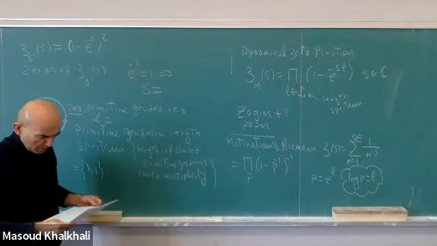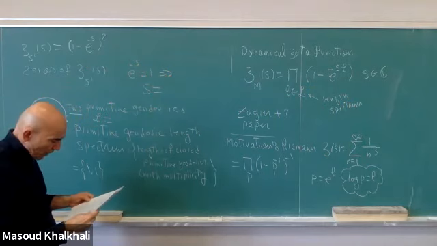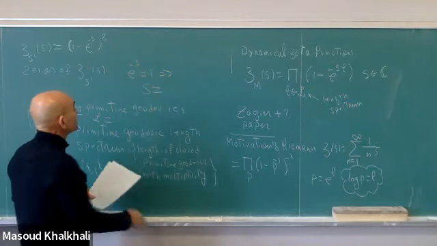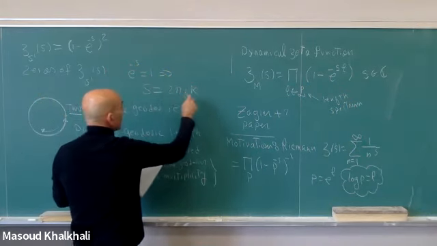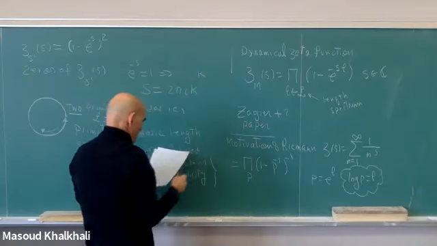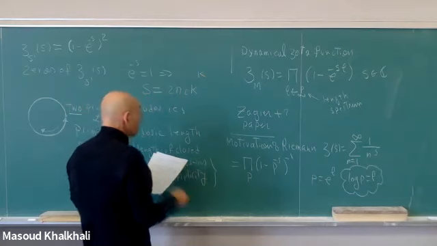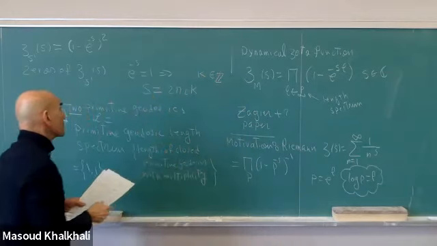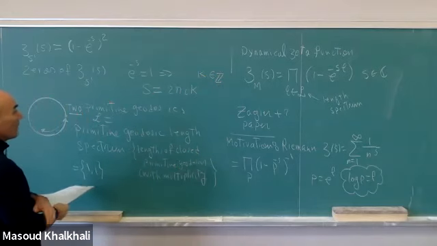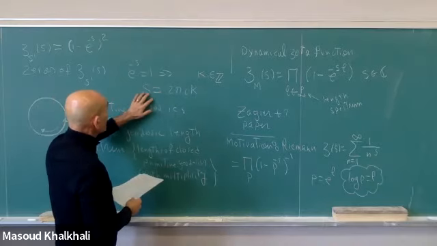So s is equal to 2 pi i k, I believe, where k belongs to Z. Yeah, so we have all these complex roots of the zeta function.